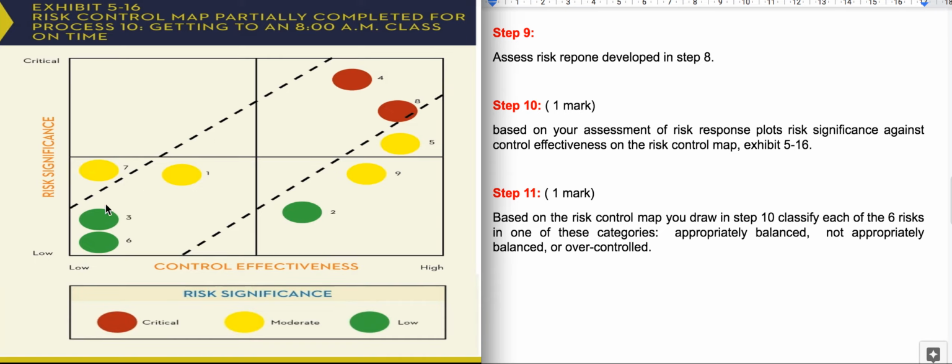The ones between these two lines will be appropriately balanced. Here will be not appropriately balanced, and here they are over controlled. So after you have this assessment, you need to classify the 6 risks and the 6 risk responses here.